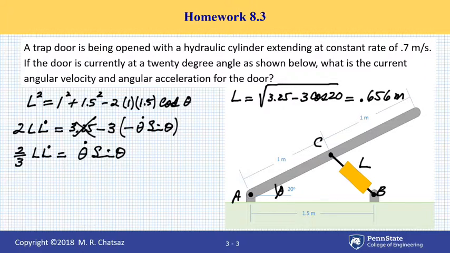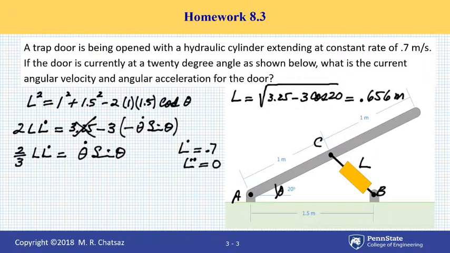Note that this is a speed equation. L dot is the linear speed of the hydraulic cylinder, which is given as 0.7, and note that it is constant, meaning L dot is constant, therefore L double dot is 0. So as far as the angular speed of the trapdoor is concerned, I have this equation.